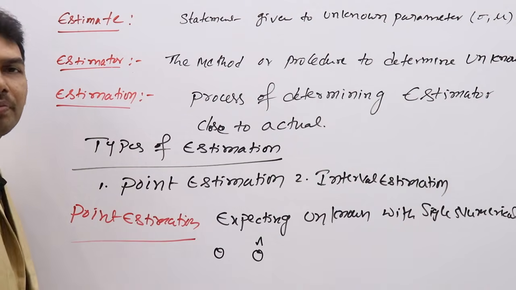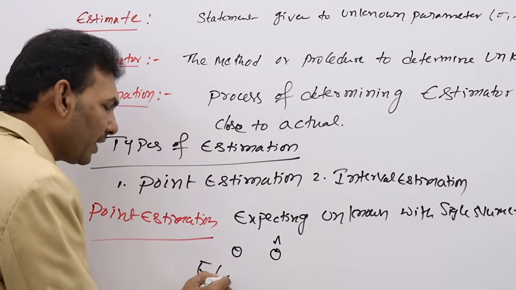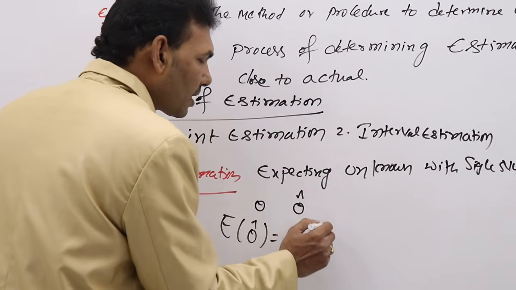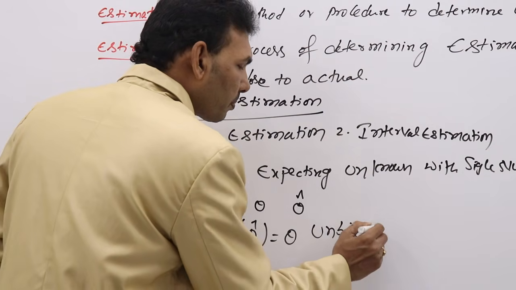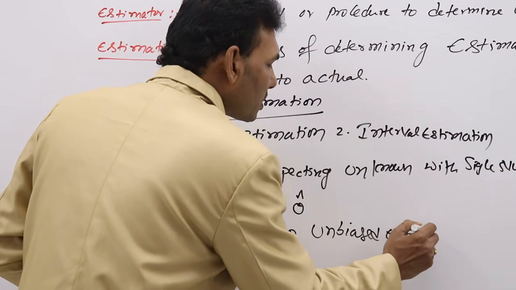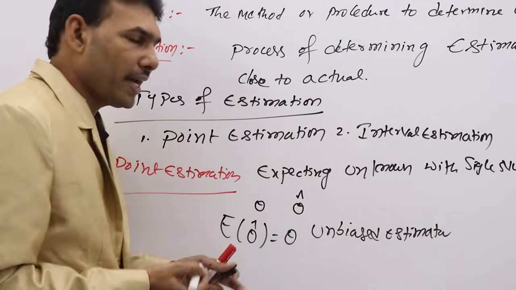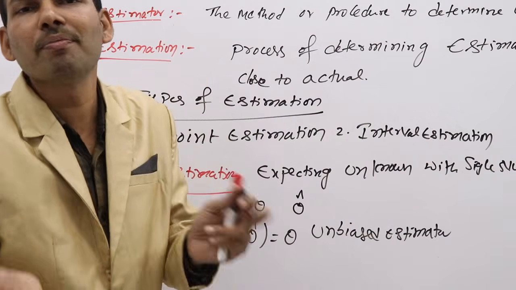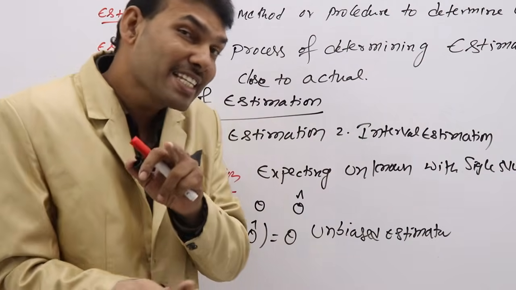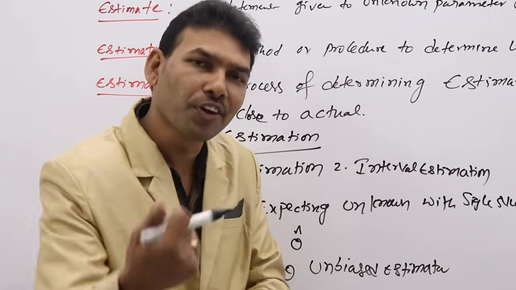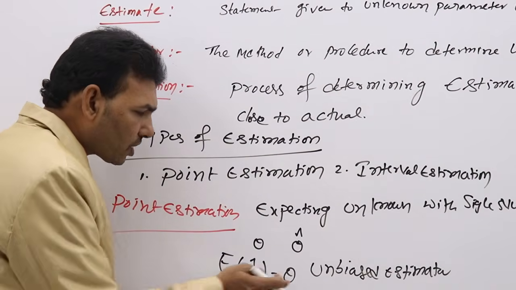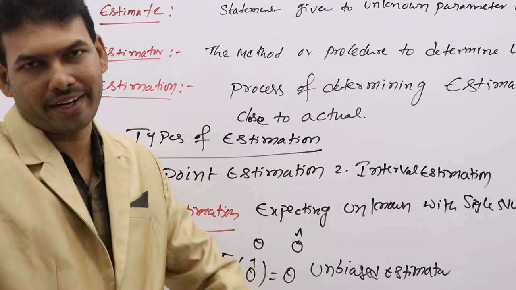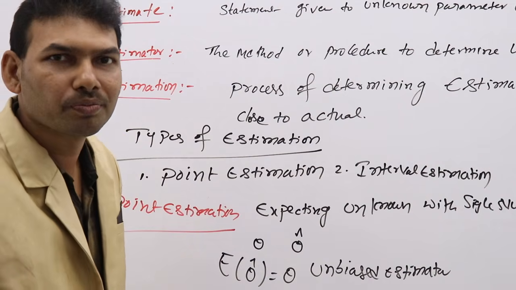This is the estimate. If the expectation of theta cap is theta, then that estimator is an unbiased estimator. Generally we expect some unknown value, and it may not be equal to actual, but it may be close to actual. If you expect 50 and get 50 marks, then the expectation of theta cap equals theta. There is no bias, no error in your expectation.